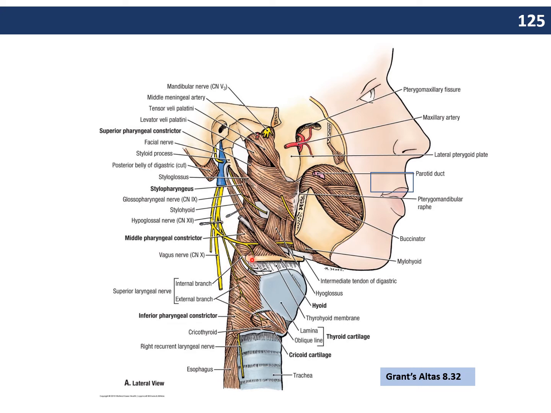Now, important landmarks here would be also this thyrohyoid membrane that exists between the hyoid bone and the thyroid cartilage. The internal branch of the superior laryngeal nerve pierces this membrane in order to provide sensory innervation inside the larynx above the vocal folds.